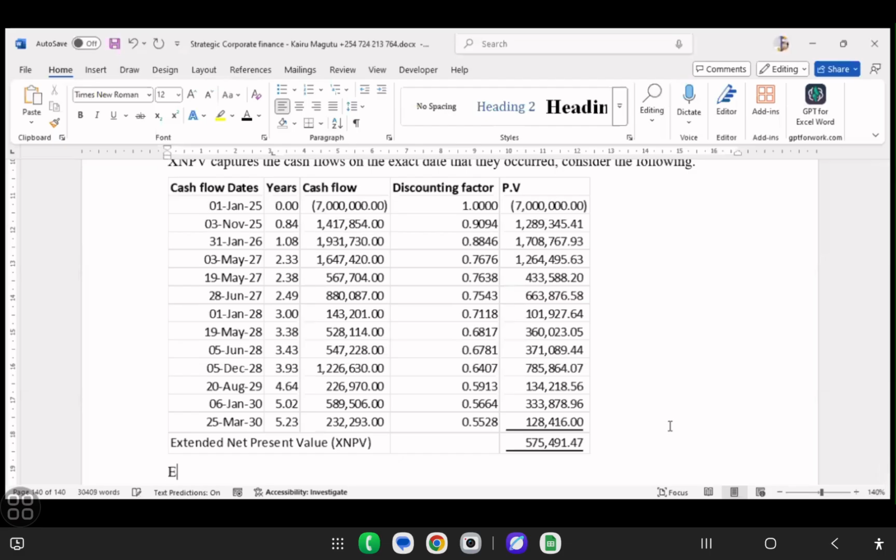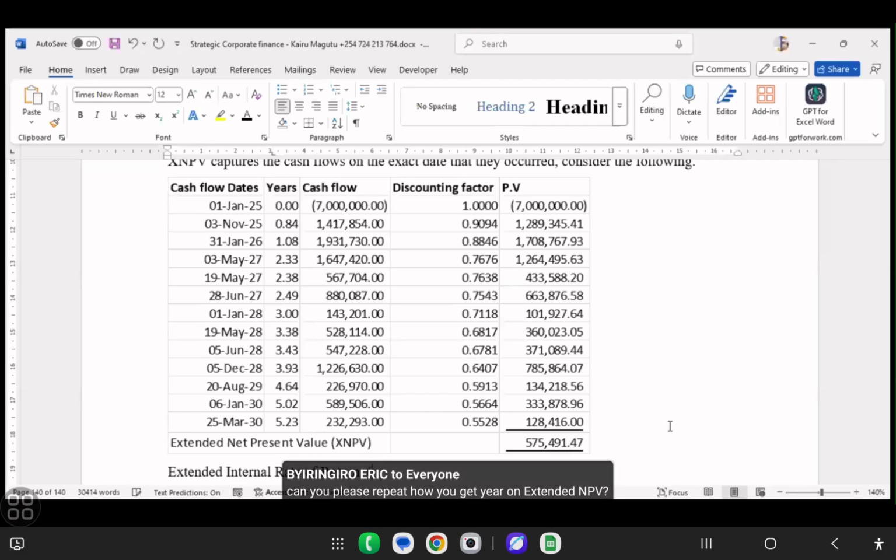The next one is extended IRR, internal rate of return. This is what we call the XIRR.